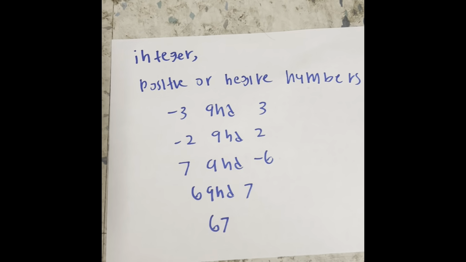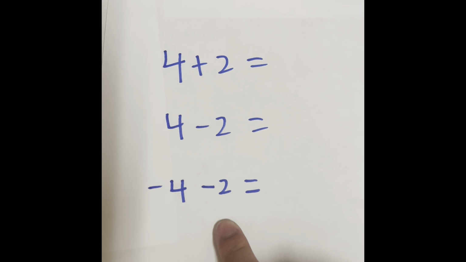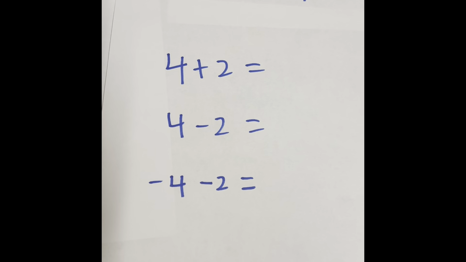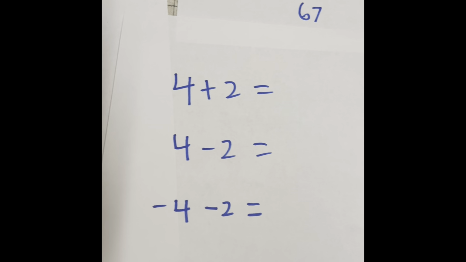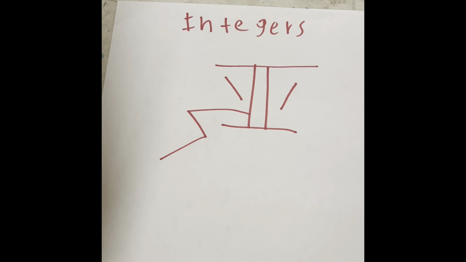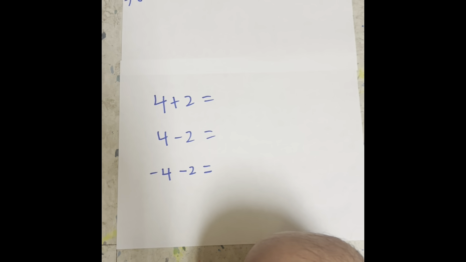What we're going to do next is try to simply understand how to show these math problems on a given number line, and see why the idea of integers actually makes sense and works. Right over here, we have the number line.